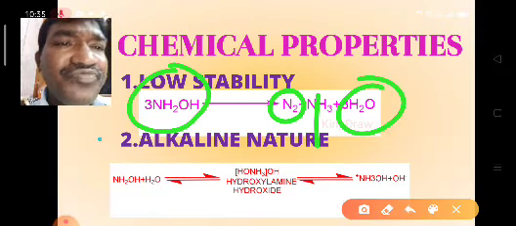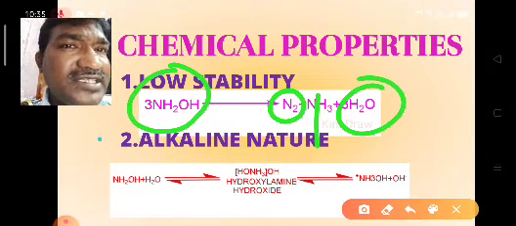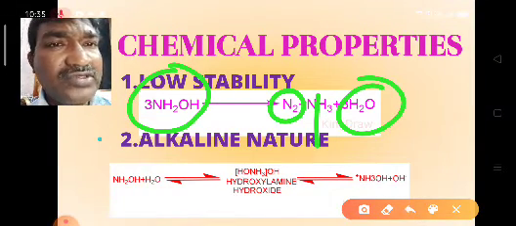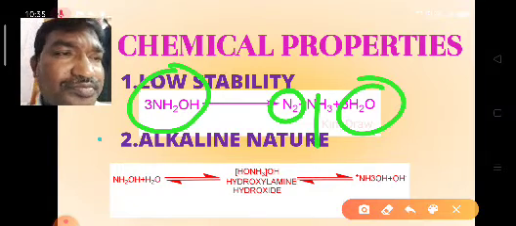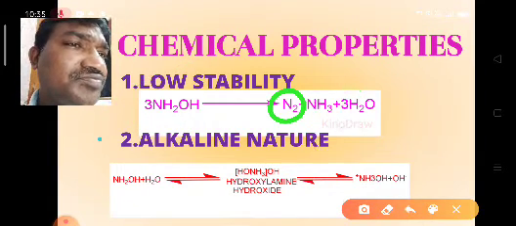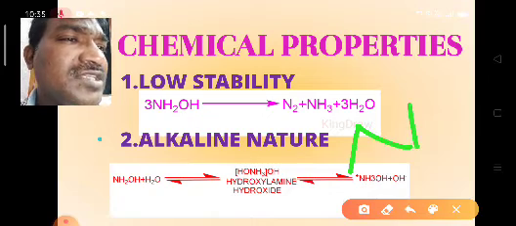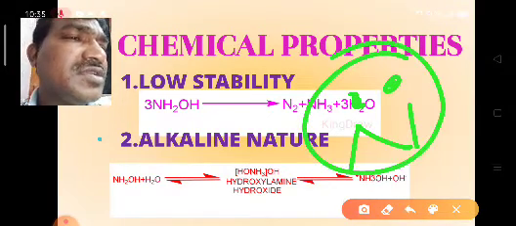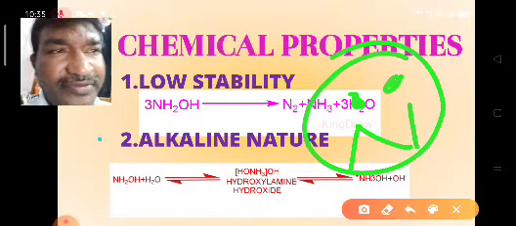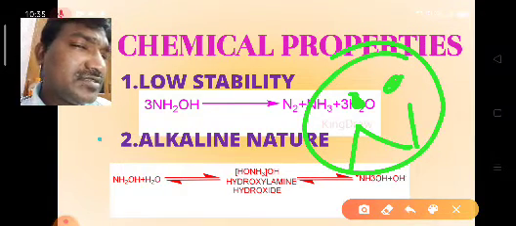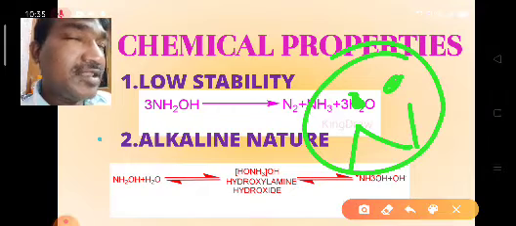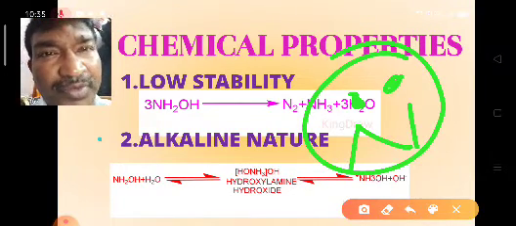Next one is the basic nature of hydroxylamine. We know very well that nitrogenous compounds, that means the compounds which contain nitrogen, generally act as bases, because on the nitrogen atom one lone electron pair is there.